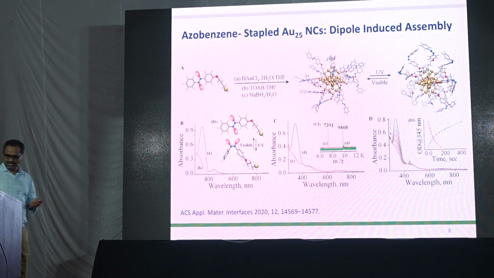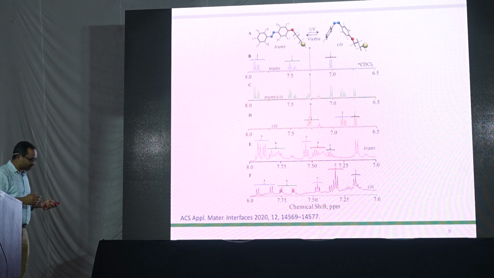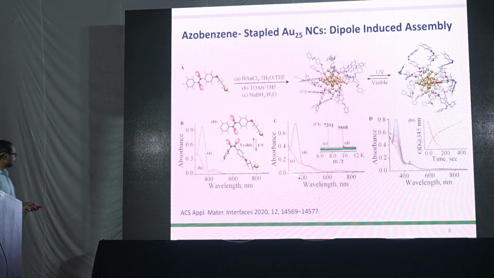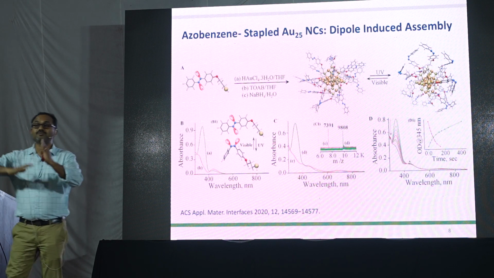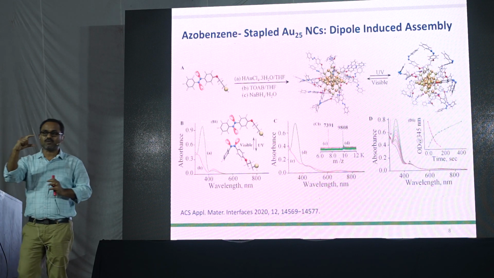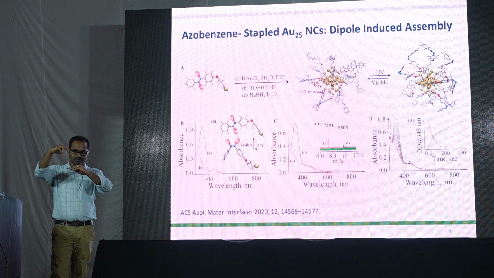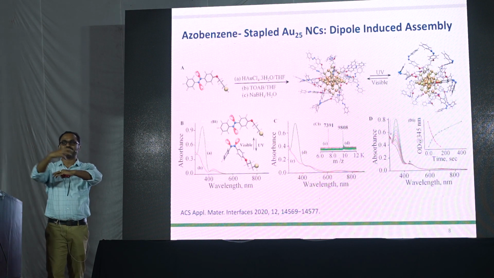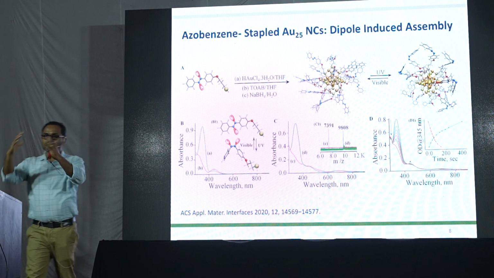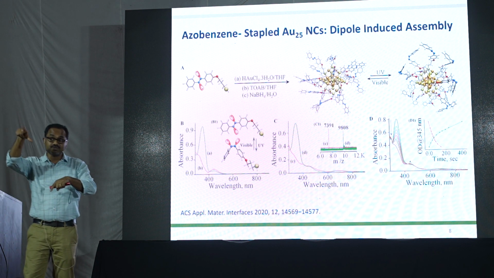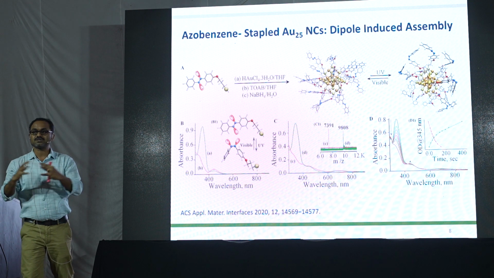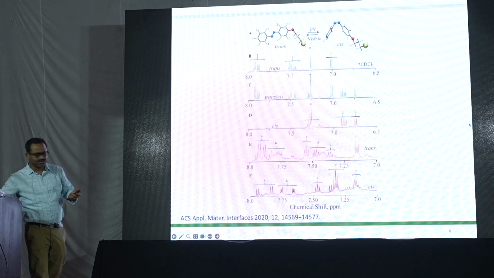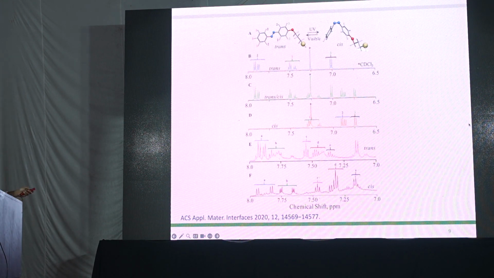When you take a UV spectrum, you can see that in the presence of UV light, the chromophore's optical properties are changing. The chromophore functionalized on the surface of the nanoclusters is photo-switching. But we have to ensure that this photo-switching influences the structure or assembly of the nanoclusters, and this is also clear in the NMR spectroscopy.